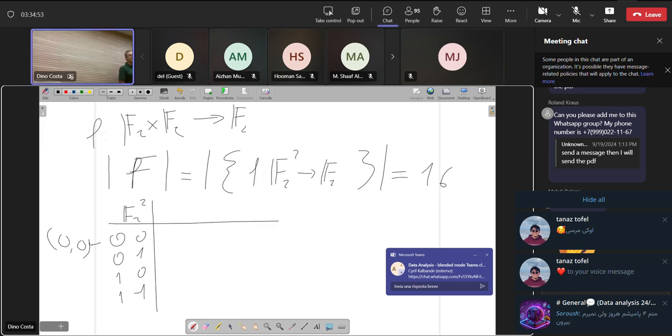But here the mathematician in our brain sees an element of the Cartesian product, so 0, 0 as a pair. And the order is not so important, but nevertheless, this is the best one.